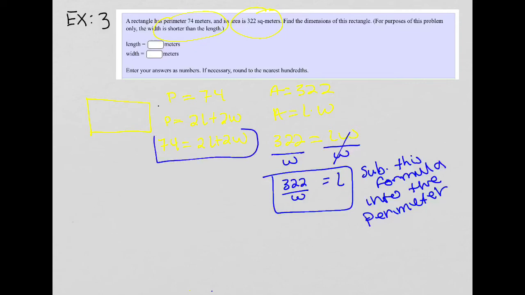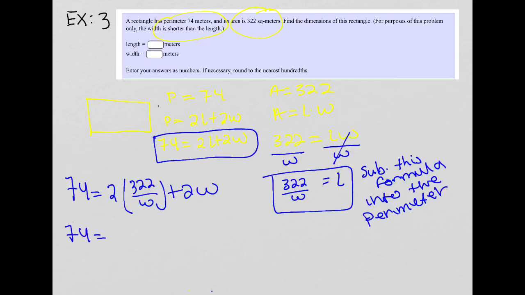If you notice here, I have length and width. I want to have just the length. So this is going to be 74 equals 2 times 322 over W plus 2W. I'm going to go ahead and multiply by 2. So that's 74 equals, what is that? I don't know that big number.